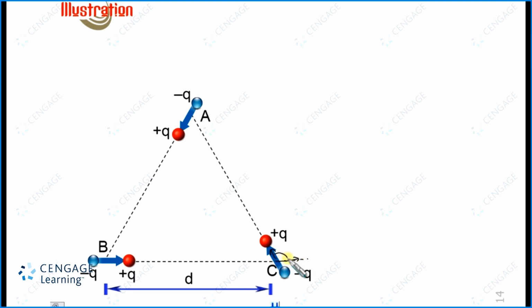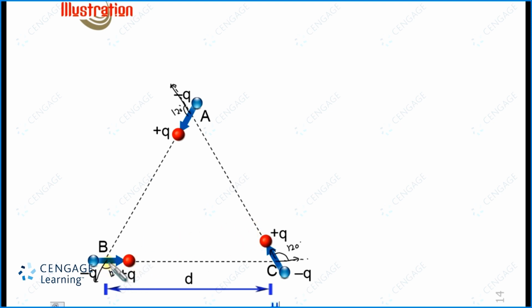That means this angle between dipole moment and electric field is 120 degrees. And similarly, if we prolong this line, the electric field vector because of this dipole will be in this direction, and the dipole moment is in this direction. That means this angle is again 120 degrees. And similarly, the electric field at the center of this dipole will be in this direction, that is the E vector, and the dipole moment vector is in the rightward direction. This angle is again 120 degrees.